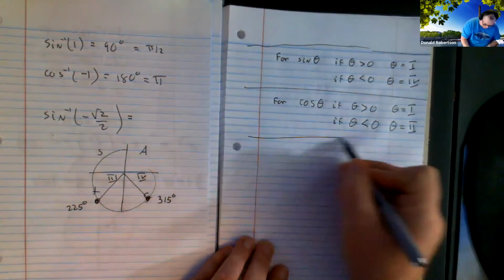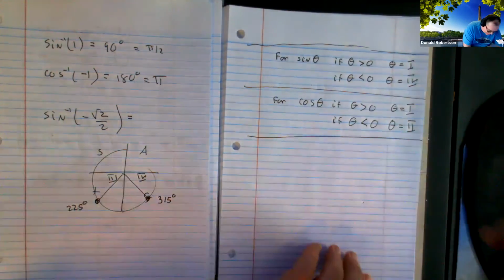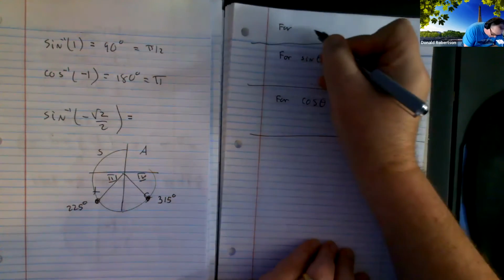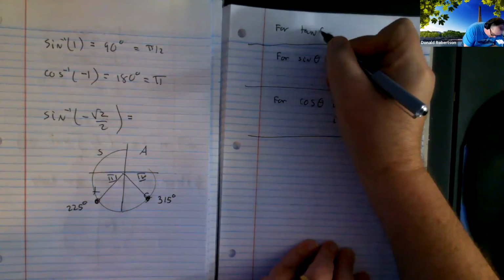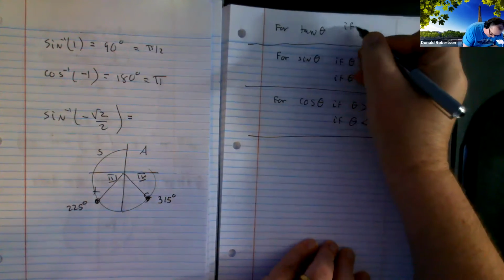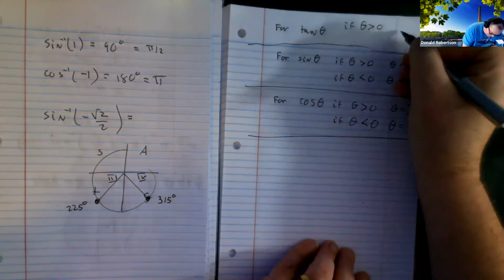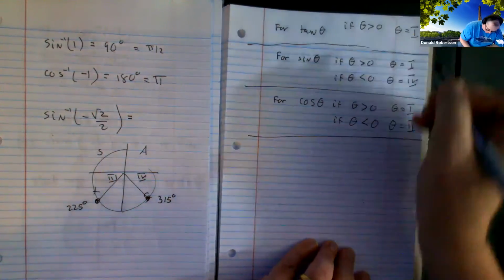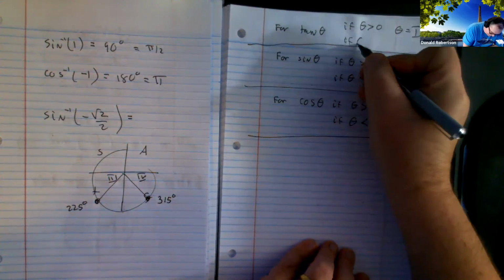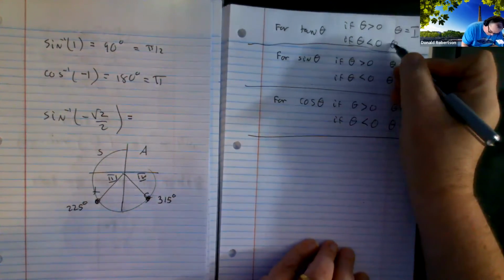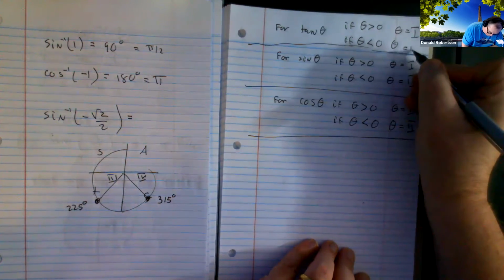This is just something you have to memorize. Then for the tangent function, if theta is positive, you pick the first quadrant, and if theta is negative, you choose the fourth quadrant.